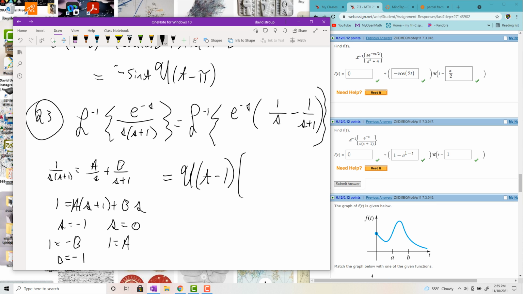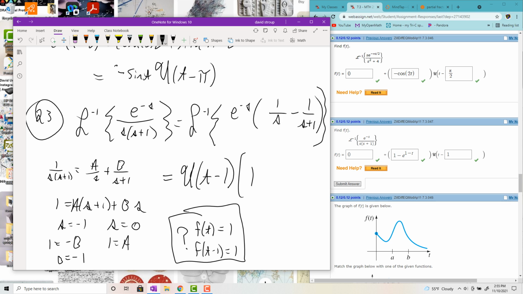So the first one is just 1. 1 translated by t minus 1 is still 1, right? So if your function f of t is equal to 1, f of t minus 1 is still equal to 1. It's like duh, right?